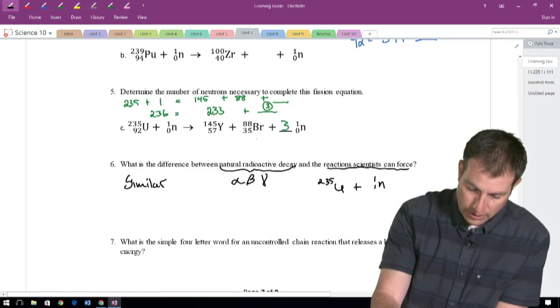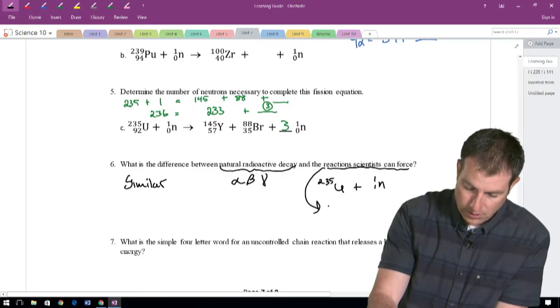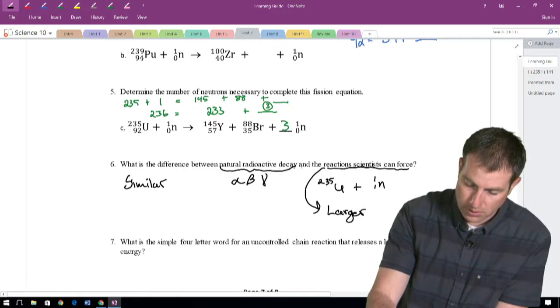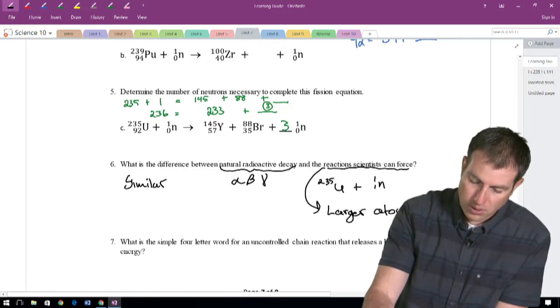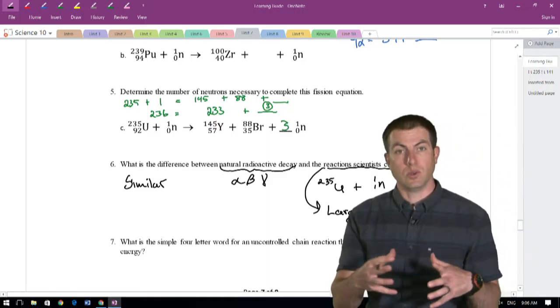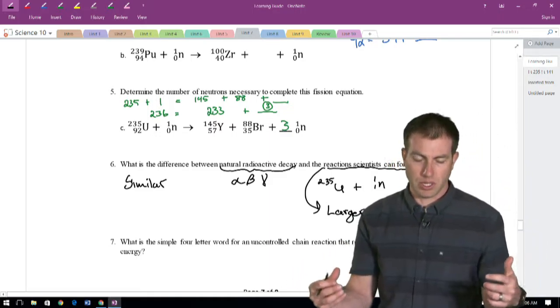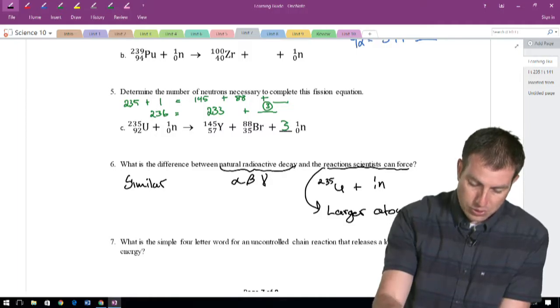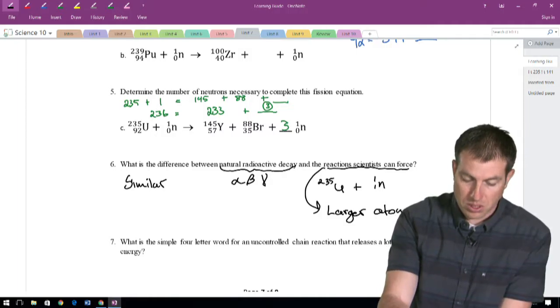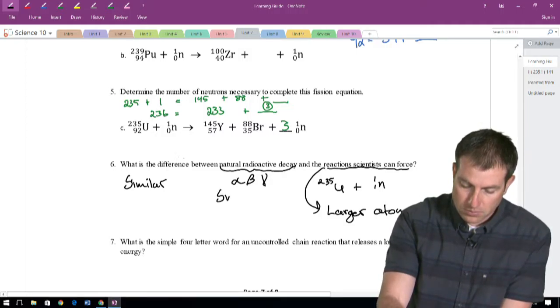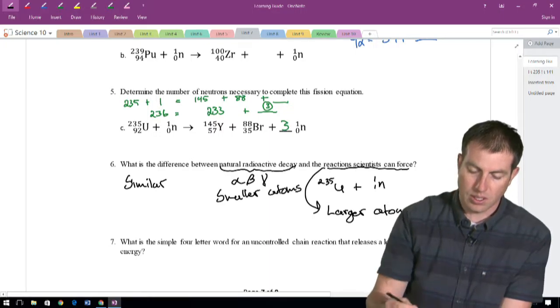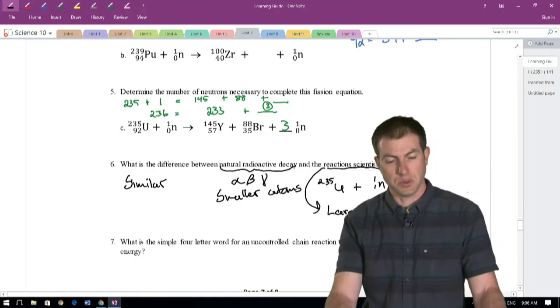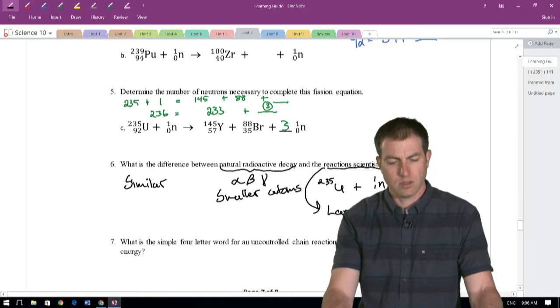If I were to just guess, I would say that the reactions we're going to force are going to be larger atoms, because they're more unstable and easier to break apart, whereas the natural radioactive decay is going to be smaller atoms because they would be harder to induce to break down.